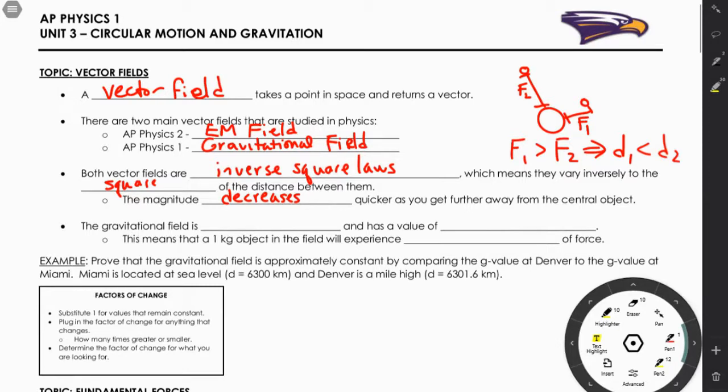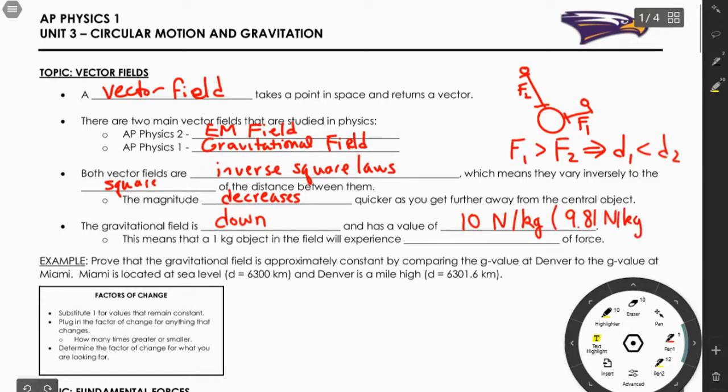Remember, the gravitational field is always down. It's always pointing towards the center, and it has a value of 10 newtons per kilogram. We know this also as 9.81 newtons per kilogram.